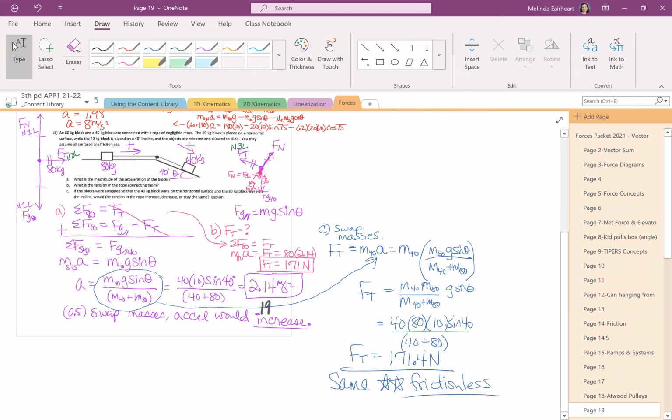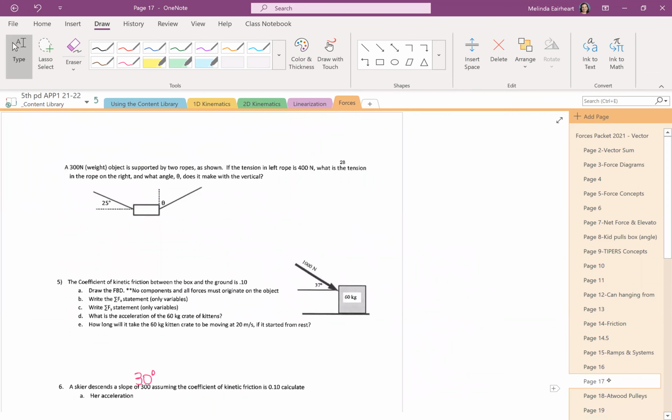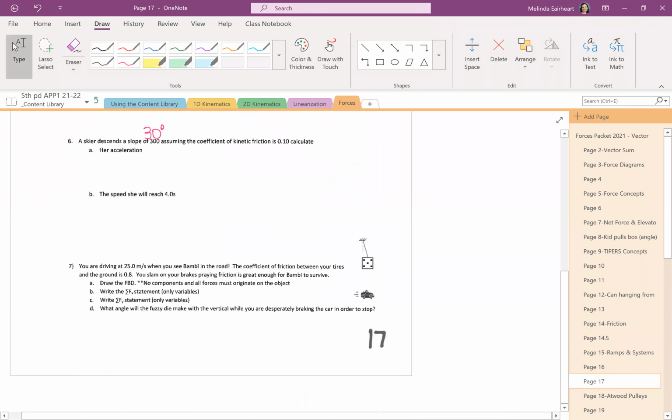Always force diagram, always F net. If that's not your habit by Tuesday, by May, then something's wrong. You're not practiced enough, okay? So just another reminder, if you have not been doing independent practice, I highly recommend 2 to 3 hours of independent practice, meaning you look at a blank page, maybe go back, if you haven't done 17, it's kind of got a mixture of problems there, okay? Hopefully they feel familiar.